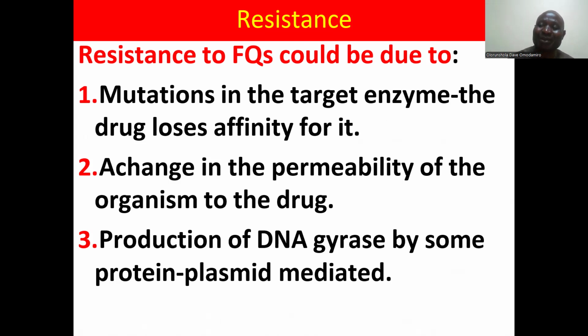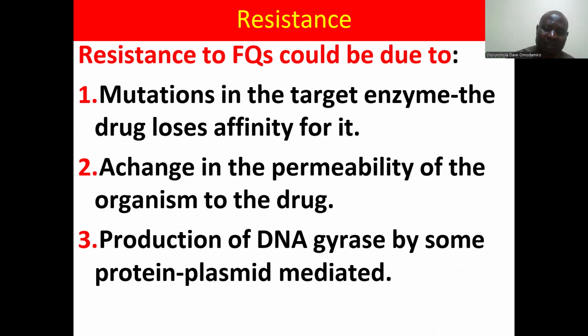Just as earlier we were talking about sulfonamide and para-aminobenzoic acid, the organism can undergo some kind of genetic mutation that makes it overproduce para-aminobenzoic acid, and therefore the presence of sulfonamide will not produce any effect.